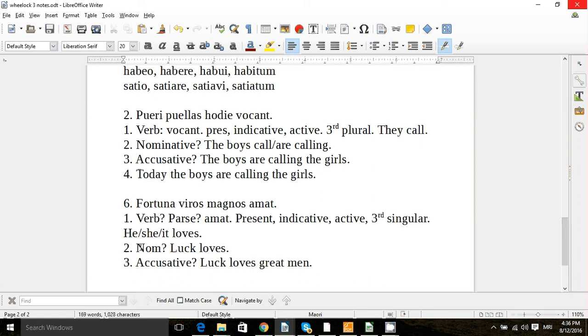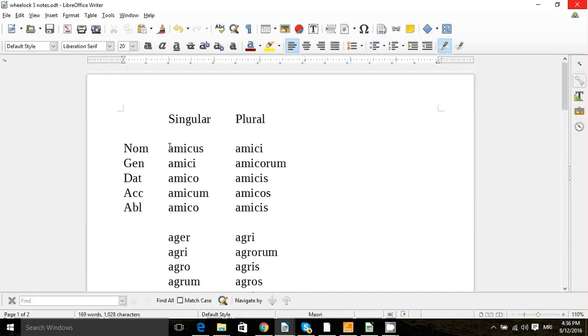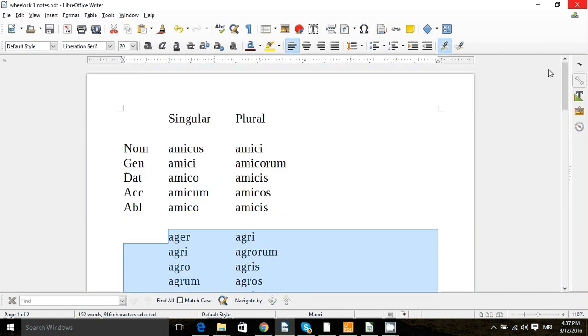There you go. All right, so for lesson 3, obviously you need to make vocabulary cards of all the vocabulary words, and you need to make paradigm form cards for amicus and go ahead and make one for augur. Make those cards, study your vocabulary, study your cards. On the quiz, there'll be vocabulary.